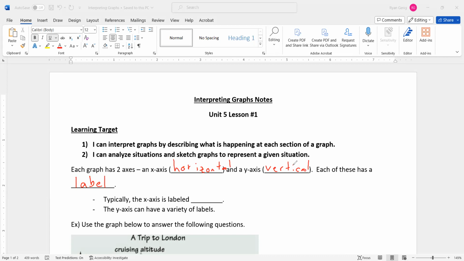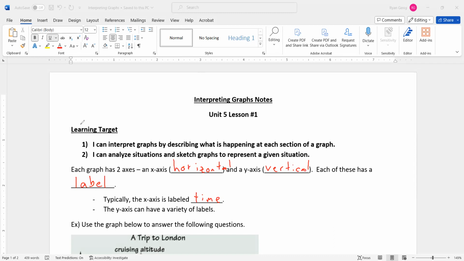Typically, the x-axis is going to be labeled time, and it can be measured in many different ways. It can be seconds, days, years, minutes. You get the idea, but it's going to be some form of time. The y-axis is going to come with a variety of labels, but the most common ones you're going to see are speed, distance, or total distance, things like that. But there could be others.